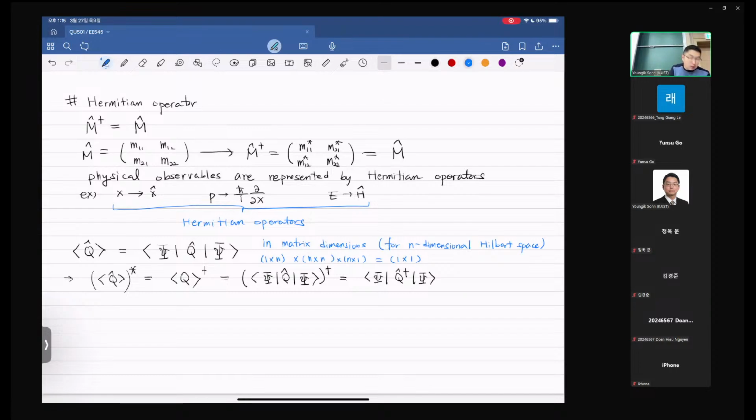Let's say something measurable, right? Something measurable means that the operator corresponding to something measurable, if you take the expectation value of it, is going to become a real number, okay? Because whenever you measure something, it gives you a number, a real number. So getting a real expectation value of Q means that it's a measurable quantity.